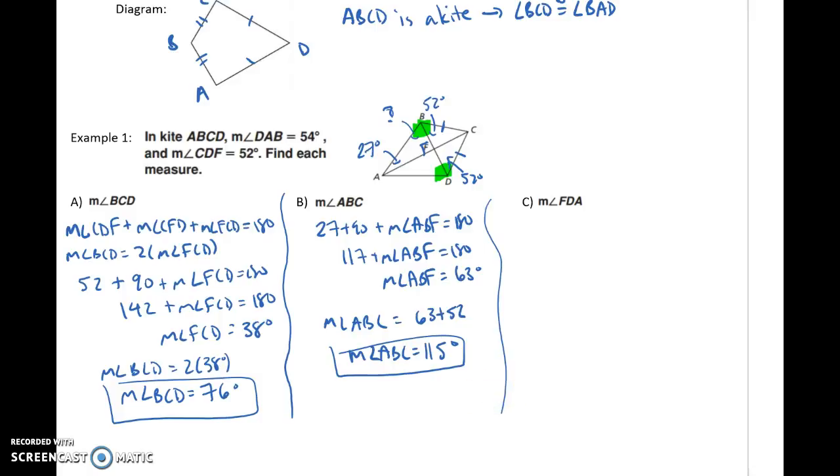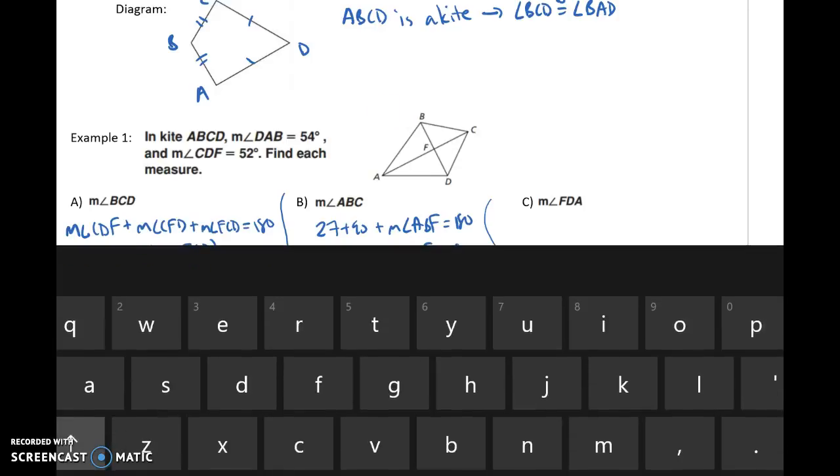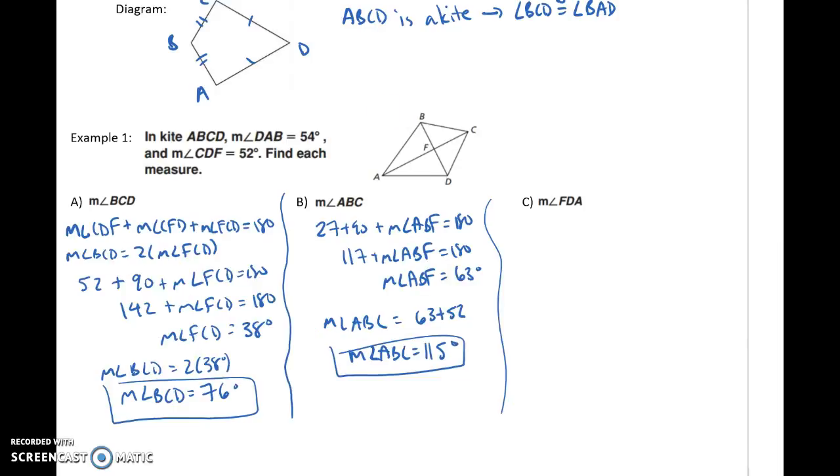Okay, finally we are looking for angle FDA, which conveniently I already found. So let me just show you how I did that again in case you missed it. So FDA is this angle right here, right? And like I said earlier, we knew this is CDF at 52, right? If you want to start all over again, you can always go back to, oh, I'm sorry, we don't even need that 52.